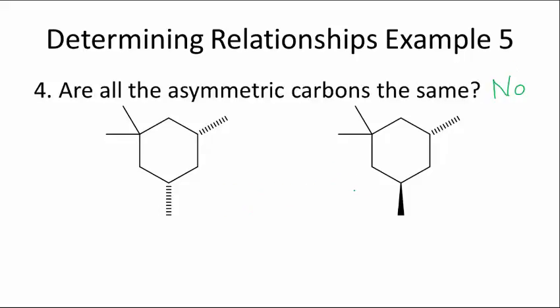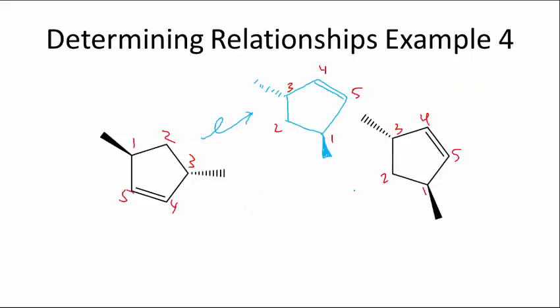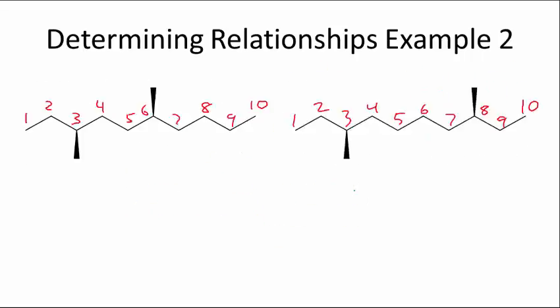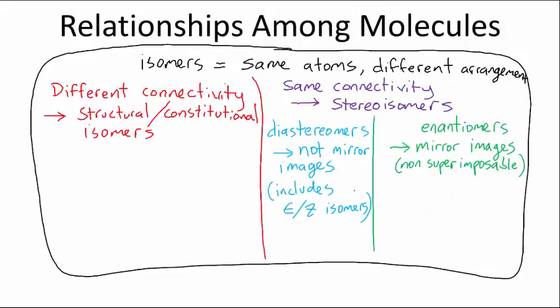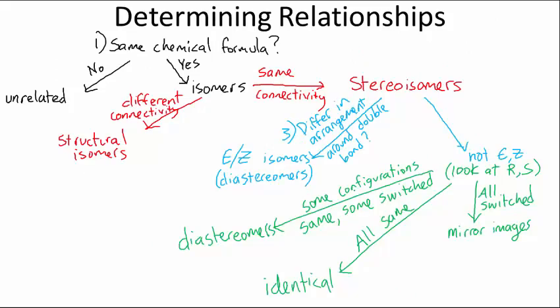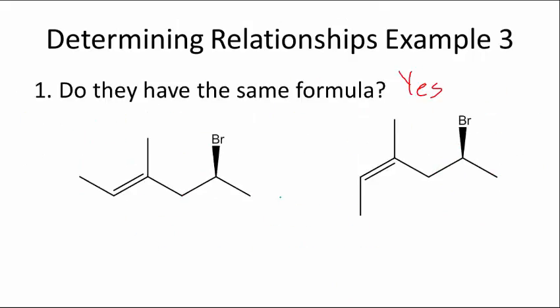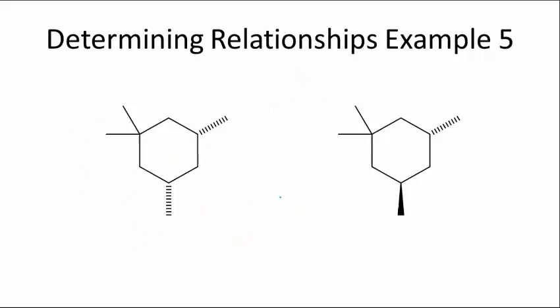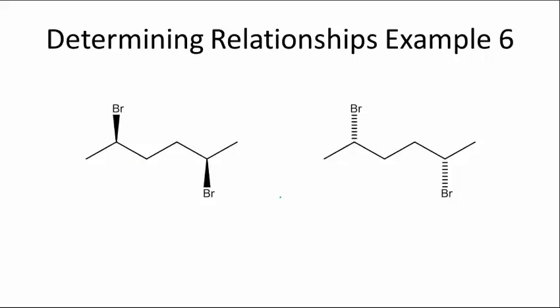All right. So this goes back to my flow chart. So this was 4. This is question 5. Some same, some switched. All right. Example 6. I have these two.